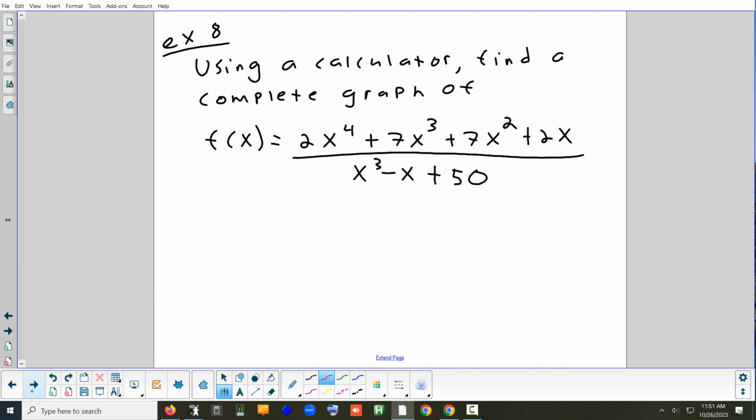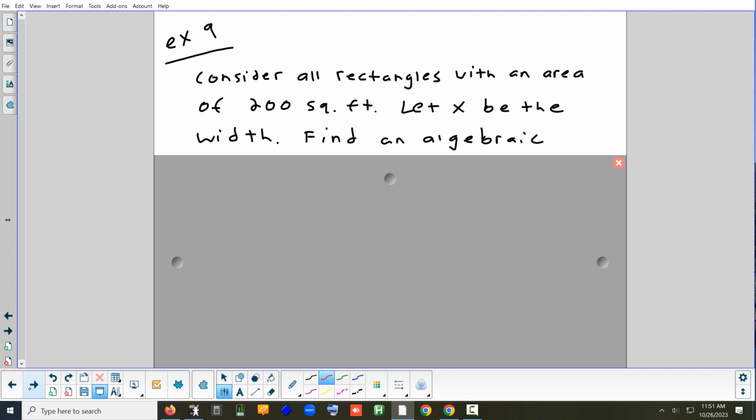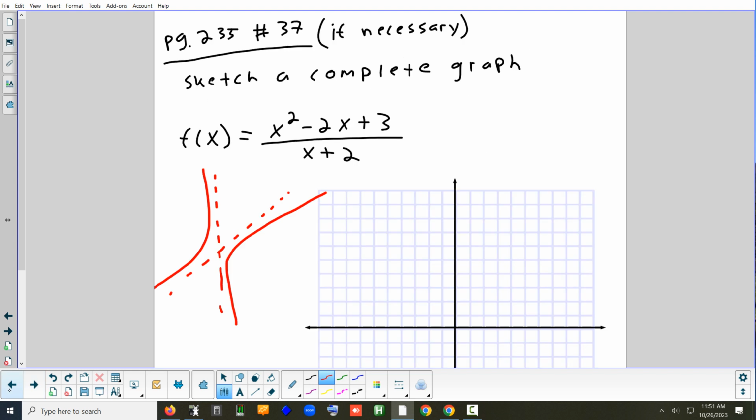The reason why it's slanted is because the difference in the degrees of the numerator and denominator is 1. As long as there's a difference of 1, then it will always be slanted. So if the top was an 8 and the bottom was a 7, that's a slant. Probably a lot of other things going on too. Yes.